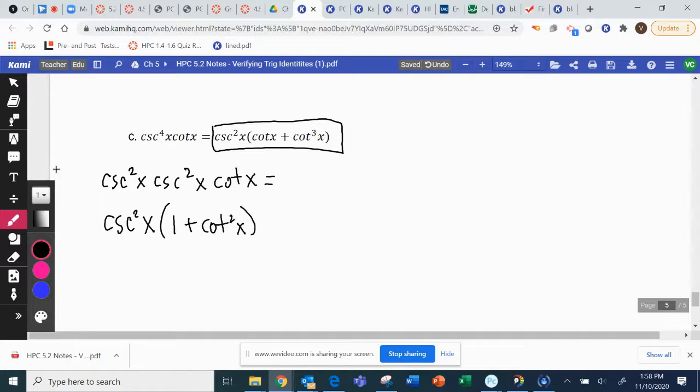Are we sure that's right? Anyone want to confirm that's correct? Okay. All right, now it looks like I just need to distribute my cotangents. Oh, and reorder. No, I don't need to reorder them. Never mind.